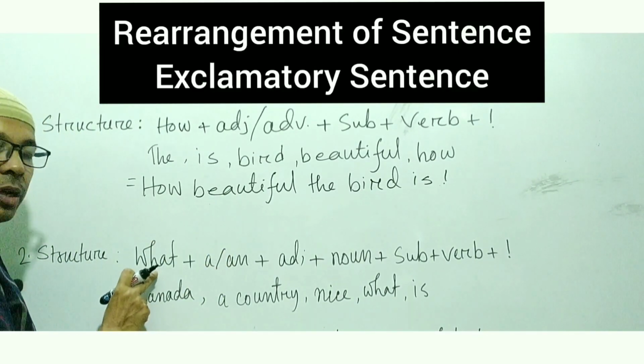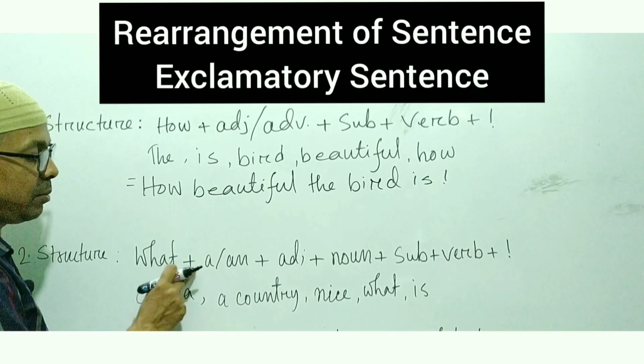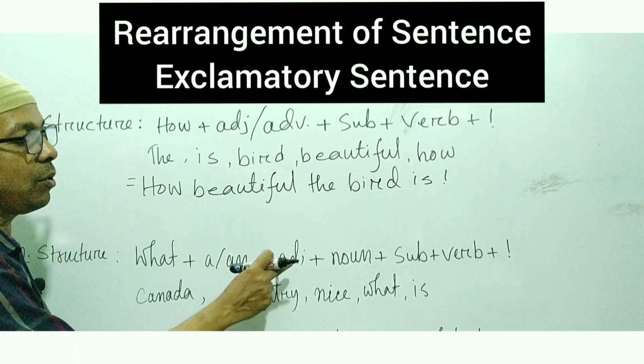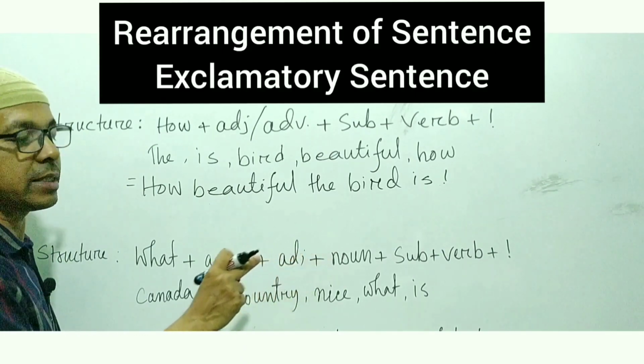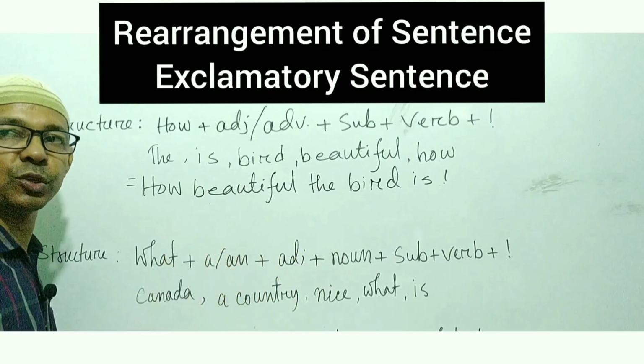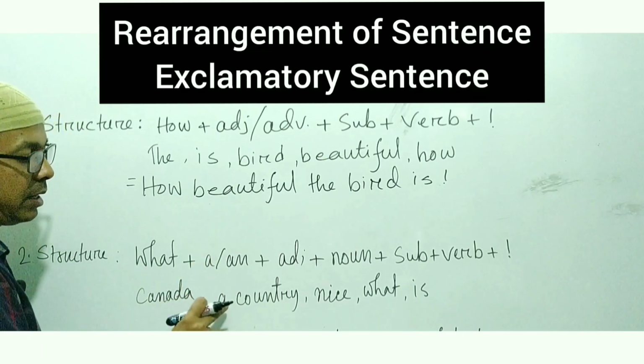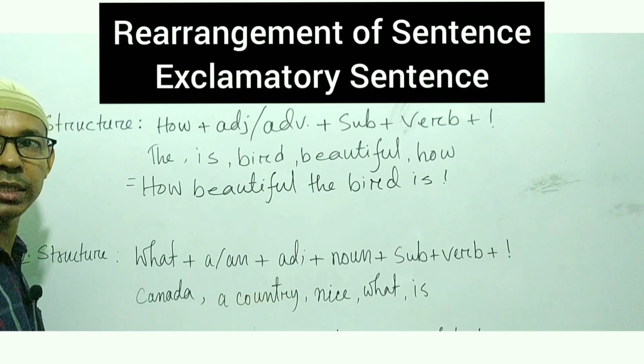Second one: at first what plus a or an plus adjective or noun, then subject plus verb, and at last the exclamation sign. So "Canada, a country nice, what is."